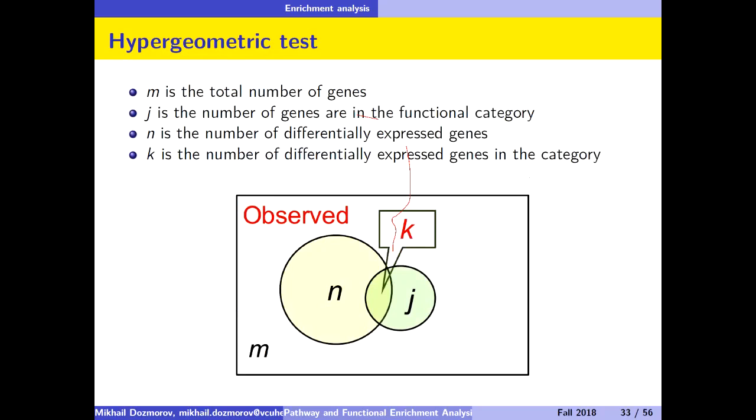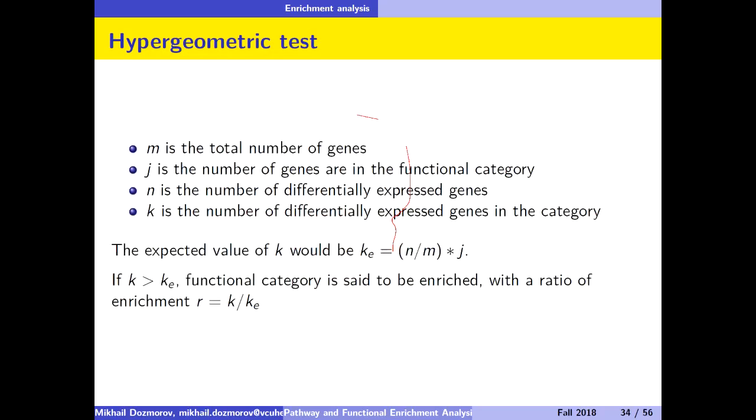So again, back to this question. You can calculate the number of genes you would expect by chance given those settings, given those numbers. But then you can look at what you detect in reality, given your number of differentially expressed genes and the number of real overlaps. And if it's larger, then you can calculate p-value for it.